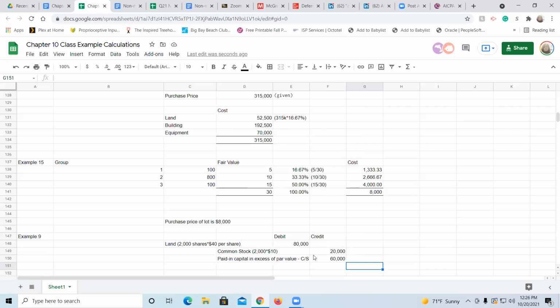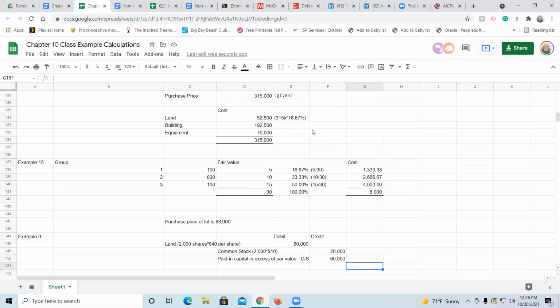But since there's a par value here, you say 2,000 times the par value, and any excess goes into this. Sometimes it's called additional paid in capital. If you look at companies' form 10Ks, they'll just call it additional paid in capital. But the textbook version is paid in capital in excess of par value common stock. And we write common stock as an identifier in case the company also has preferred stock on its books.